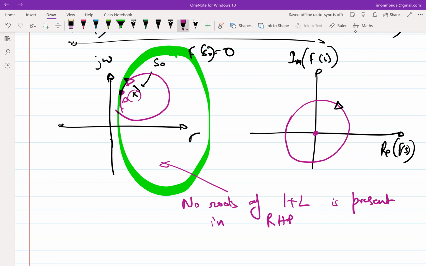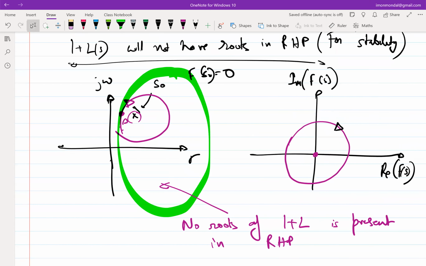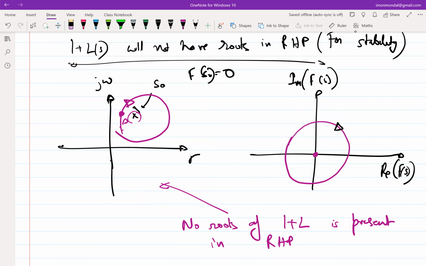Okay. So as a designer, what is the contour that I should choose to check whether the roots are there or not in the RHP? It should be the entire RHP. You can choose it in many different ways.